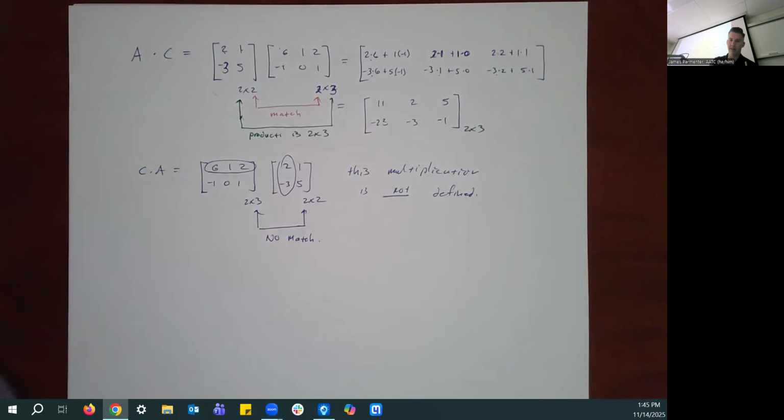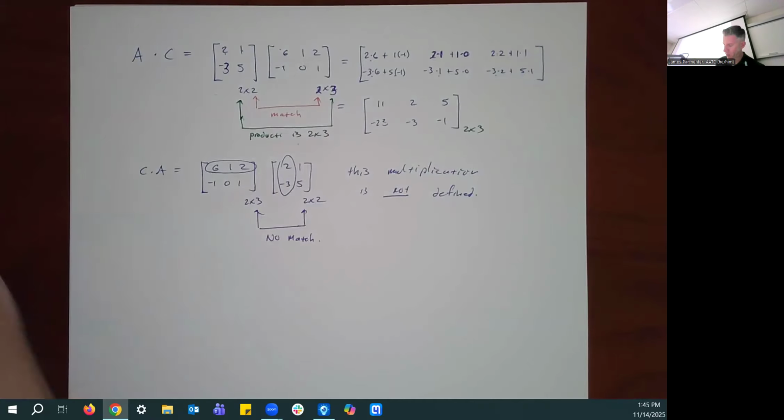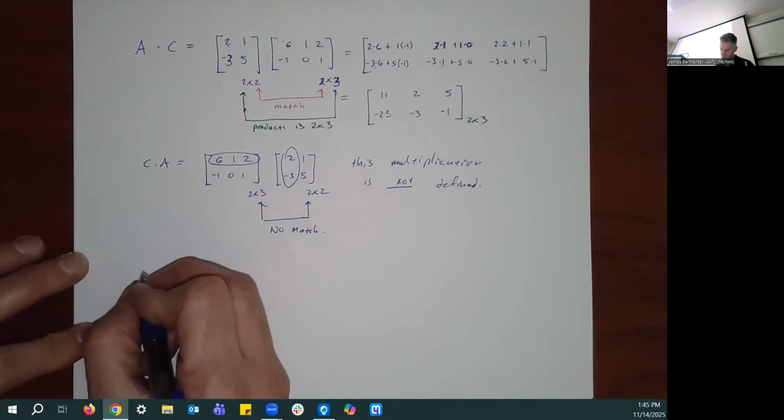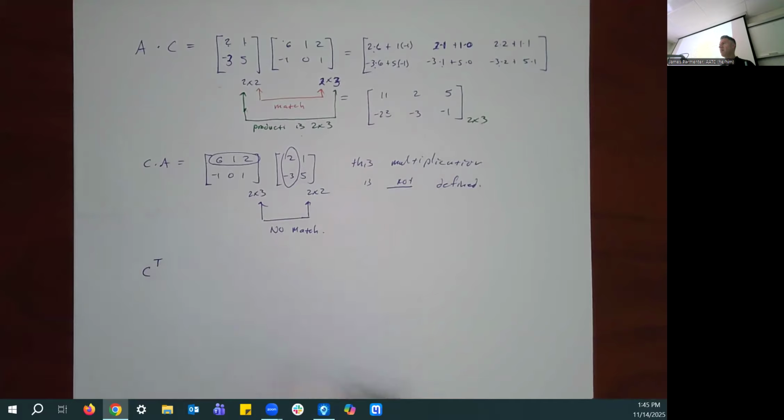Cool. What else? Oh yeah, we have a couple other things. So a transpose matrix, usually written with a superscript of a T, although some people use a prime sometimes, but I don't think your instructor does.